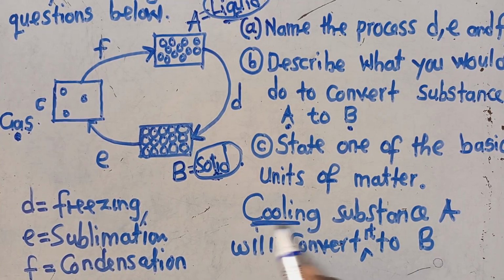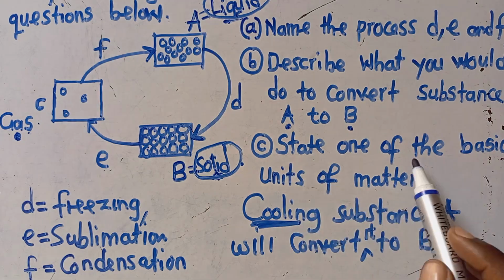So what we are doing is cooling. Practical example, when you put a liquid in the freezer, you discover that liquid will automatically change to a solid. These are some of the things you need to get and understand. So the same way I'm answering these questions, this is the same way you are supposed to answer them even in an exam.